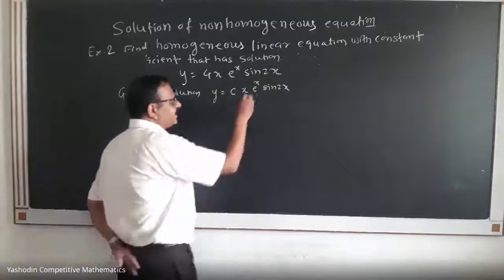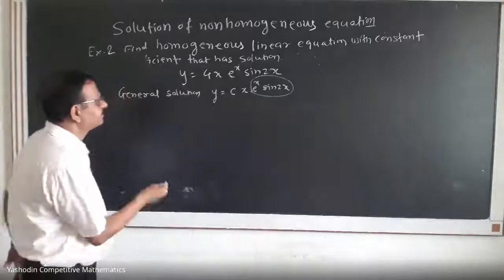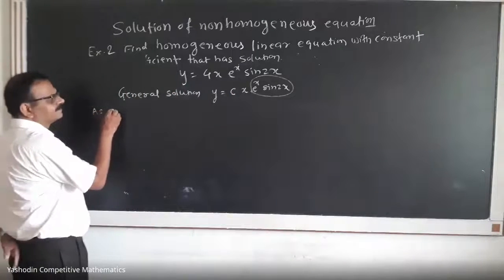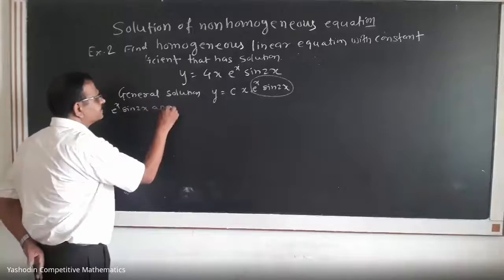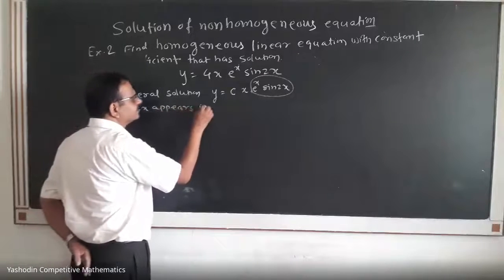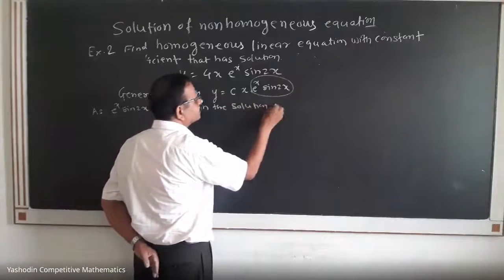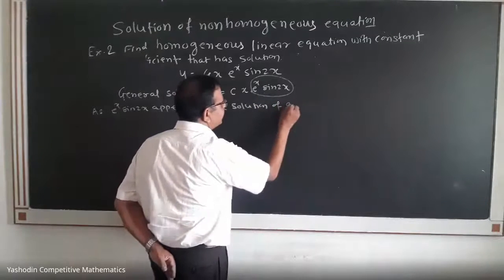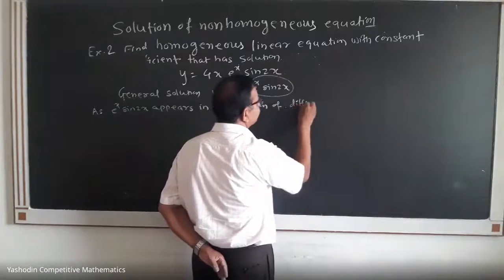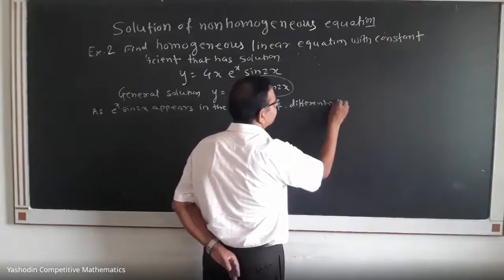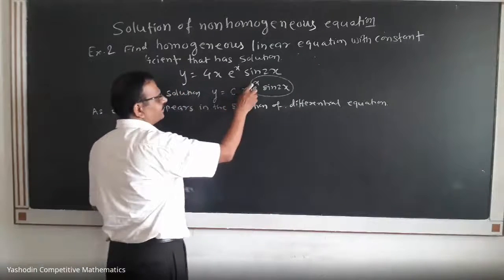As the term e raised to x sin 2x appears in the solution of the differential equation, a is 1 and b is 2.